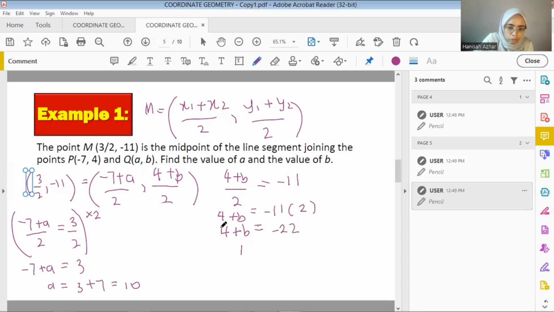Okay, and then 4 we move to the right, so b equals negative 22 minus 4. So b equals negative 26. Okay, this is the first example of solving the midpoint problem.